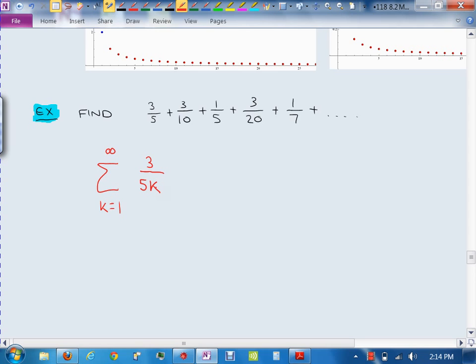Plug in 3, we get 3/15, but 3/15 is 1/5. Then 3 over 20, and then 3 over 25? No, hold on. I think I messed up my last one here. This is supposed to be right. Let me see. 1, 2, 3, 4, 5. What are we supposed to get for 5? 3 over 25. I don't know.